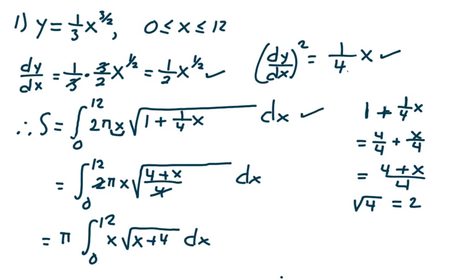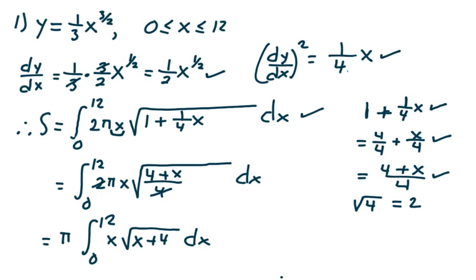But if we look at that radicand, the value inside the radical, we can take 1 plus 1/4 x and write it as 4/4 plus x over 4. Adding them up, we get 4 plus x over 4. And so we get the integral from 0 to 12 of 2 pi x times the square root of (4 plus x) over 4 dx.